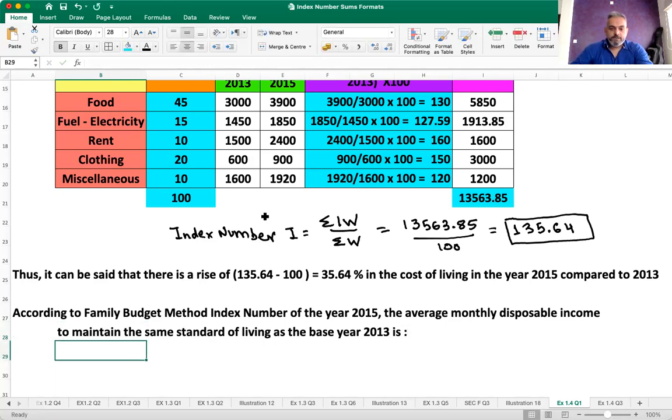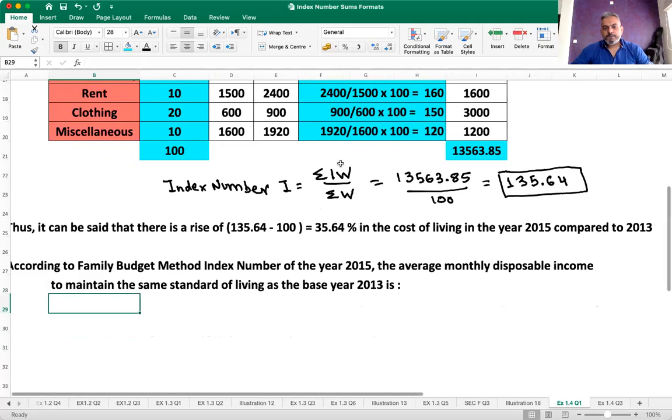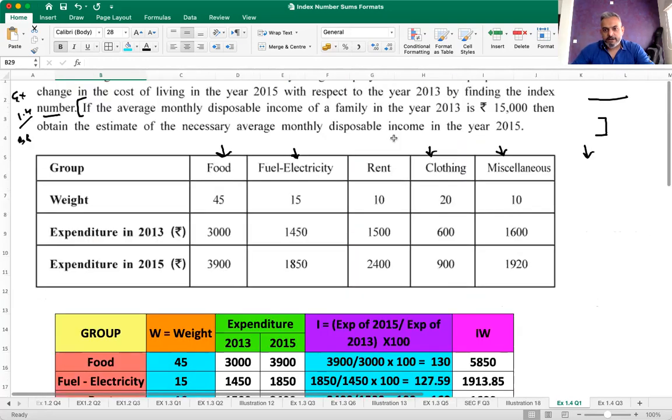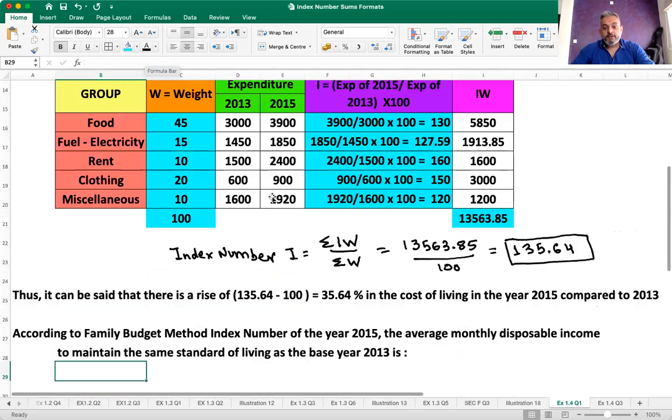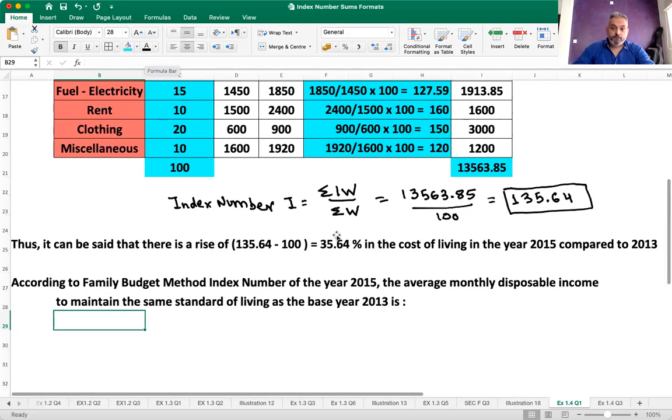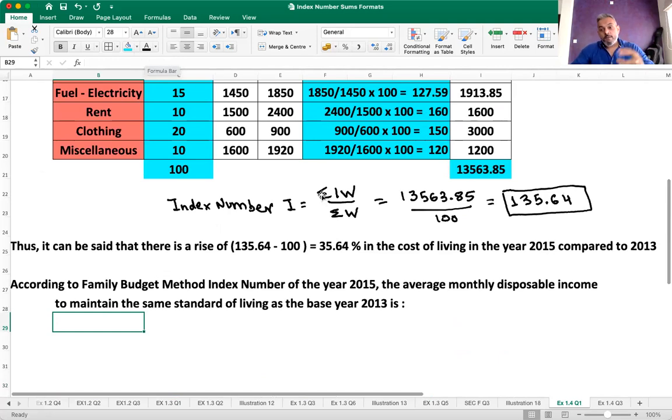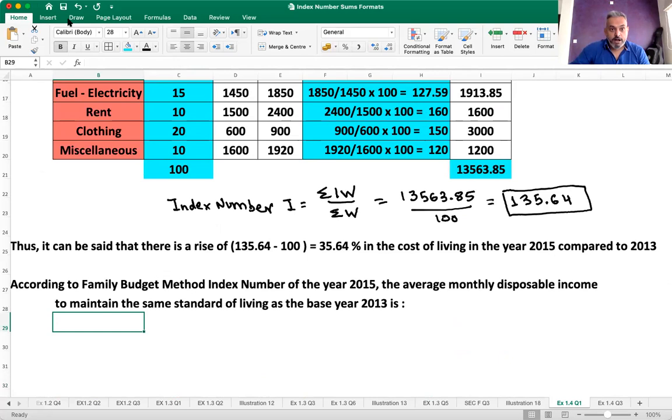Now pay attention please. In the year 2013, my base was 100, okay, and my average disposable income was 15,000. Now, from 100, prices rose by 35.64 percentage. So now my income should also rise accordingly. So let's find out how we will do it.